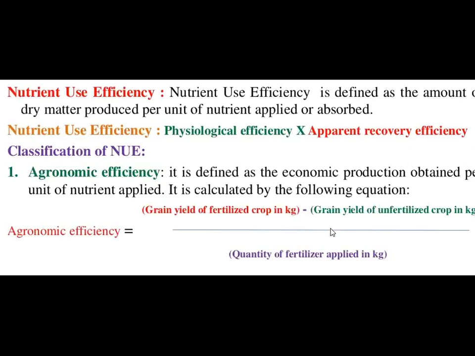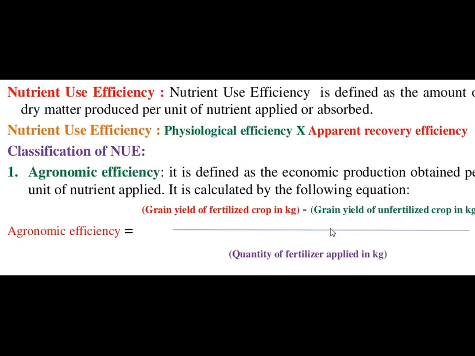Nutrient use efficiency is defined as amount of dry matter produced per unit of nutrient applied or absorbed. Whatever nutrient we add, or what percentage of nutrients are absorbed, is called nutrient use efficiency. It is denoted by physiological efficiency into apparent recovery efficiency.